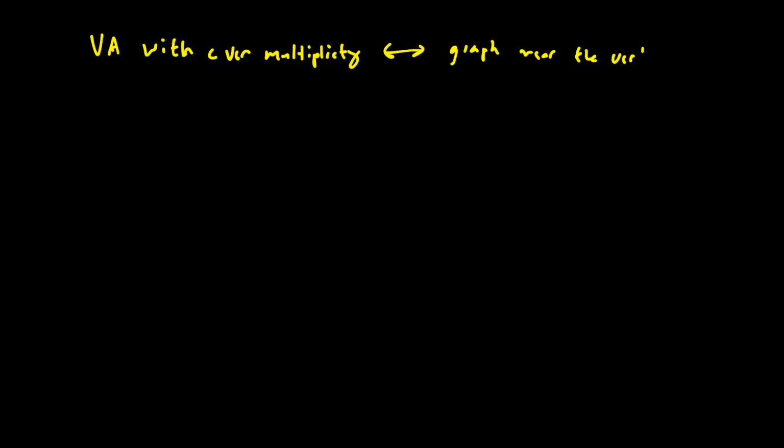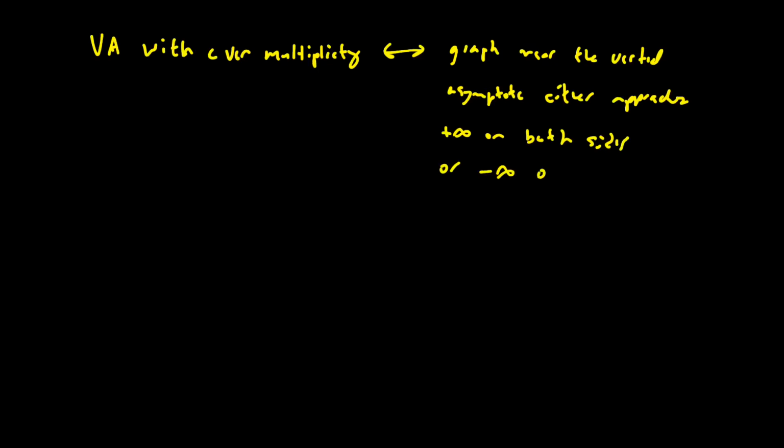Number one, if we have a vertical asymptote with even multiplicity, then the graph near the vertical asymptote either approaches positive infinity on both sides or negative infinity on both sides.